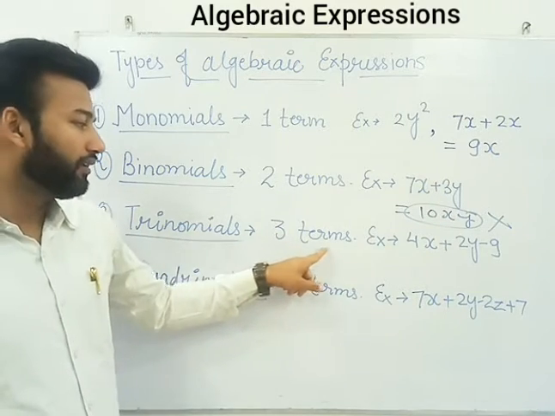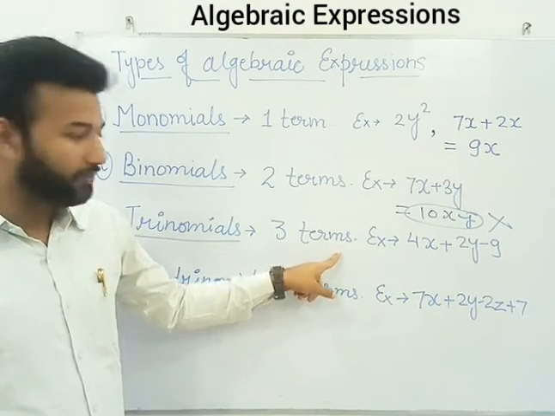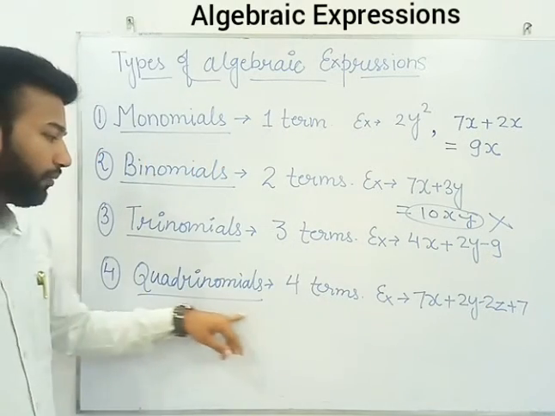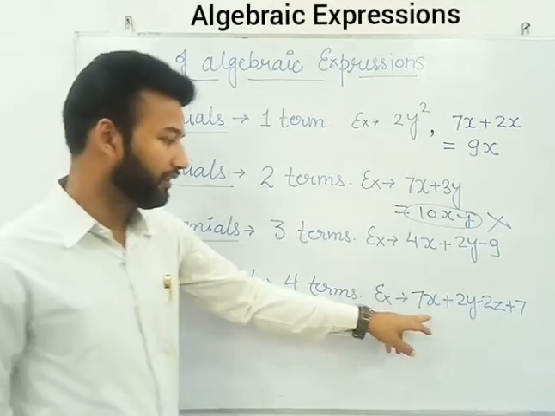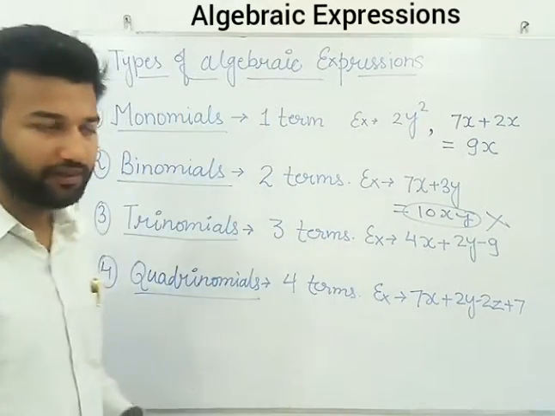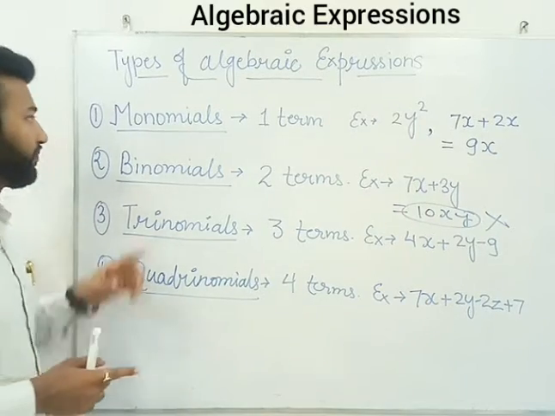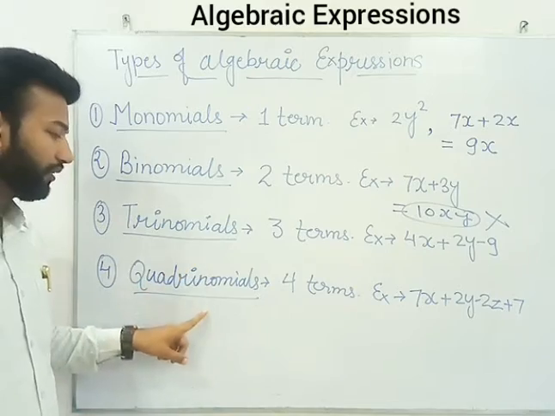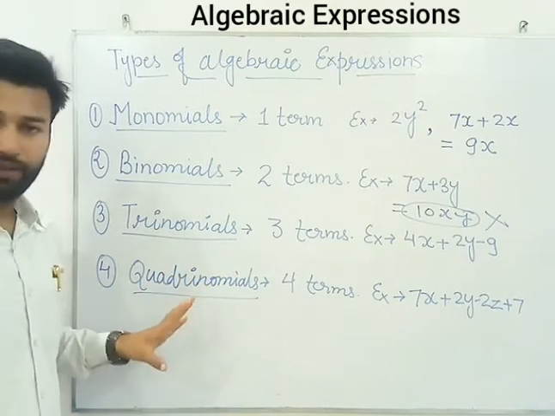A trinomial has three terms. 1, 2, 3. You can check. Now quadrinomial has four terms. See, 7x plus 2y minus 2z plus 7. Four terms are there. And one more thing, they all are polynomials. Monomial, binomial, trinomial, quadrinomial, they all are polynomials.